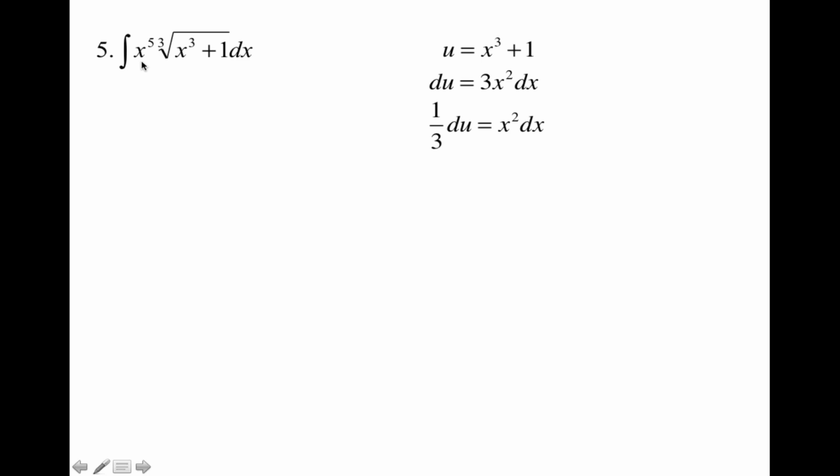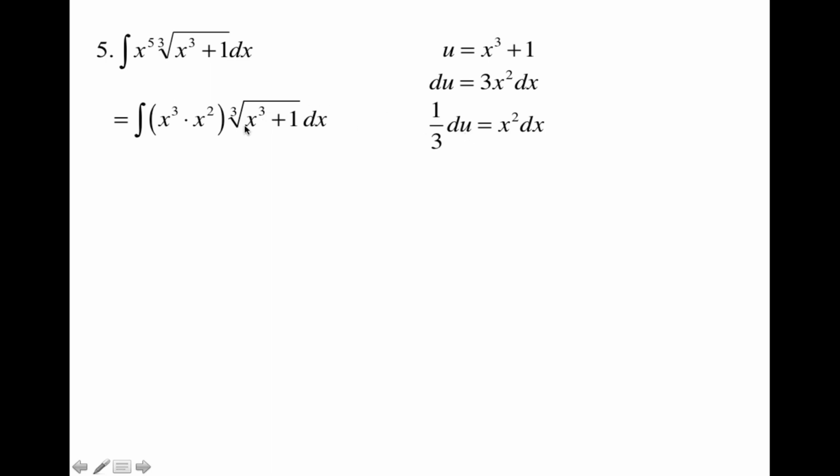And using exponent properties, can't we rewrite x to the 5th so that there's an x squared? Yes, we can. We can rewrite x to the 5th as x cubed times x squared, right? So now we have an x squared and a dx. So there's my 1/3 du.